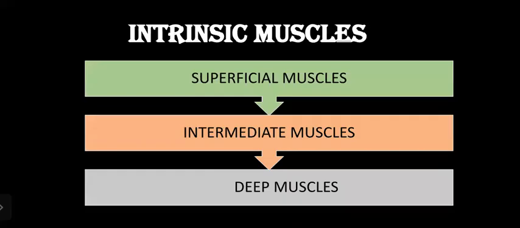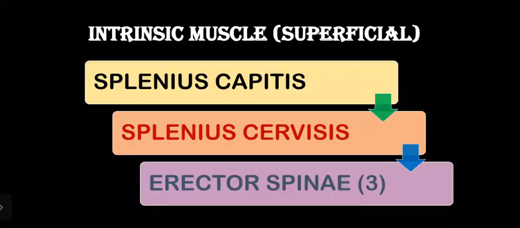Now, intrinsic muscles. If you remember, at the beginning of the video I said intrinsic muscle is very tricky to learn. It is a very important part of the back. It is divided into three: superficial, intermediate, and the deep muscles.